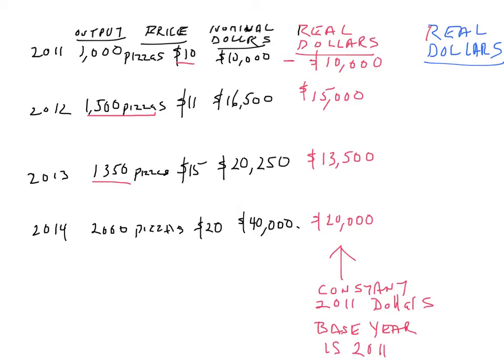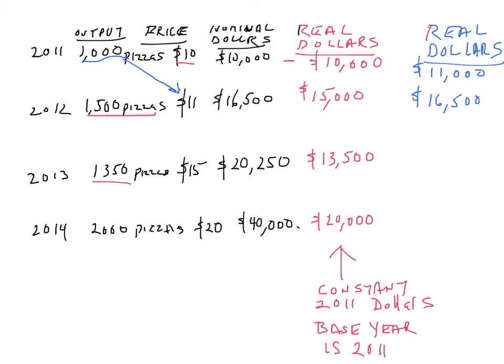So let's see. In 2011 we had 1,000 pizzas, but we'll multiply that 1,000 here by $11 and get $11,000. And in 2012, 1,500 times $11, it's going to be 16,500.